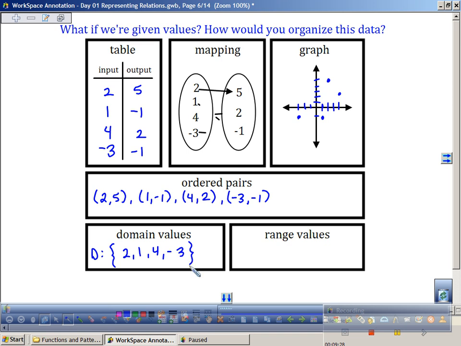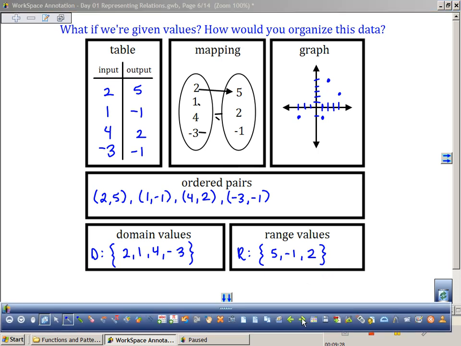Least to greatest, usually. And then range would be what? Do we need all that? It's saying the set. It's saying all these are range values. Do I really need to say something twice? Nope. So I just need 5, -1, and 2. Correct? Questions? We're good? You guys try one.